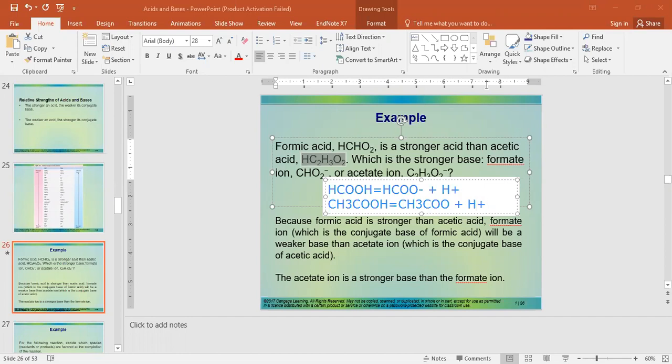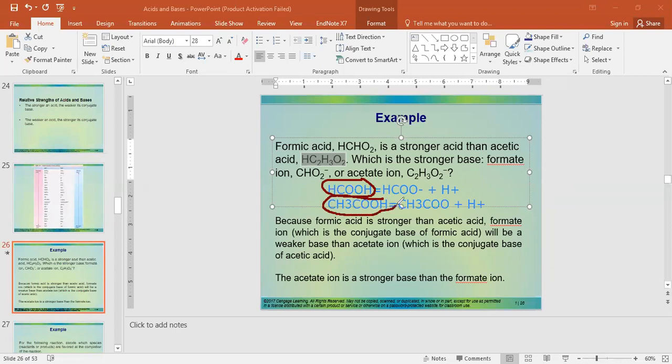Now, we are saying that this methanoic acid here is stronger than the ethanoic acid.